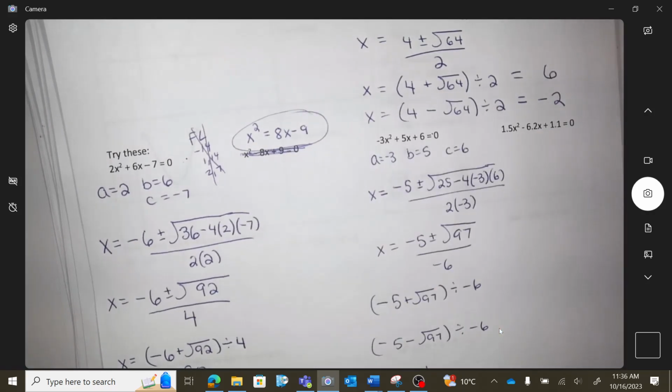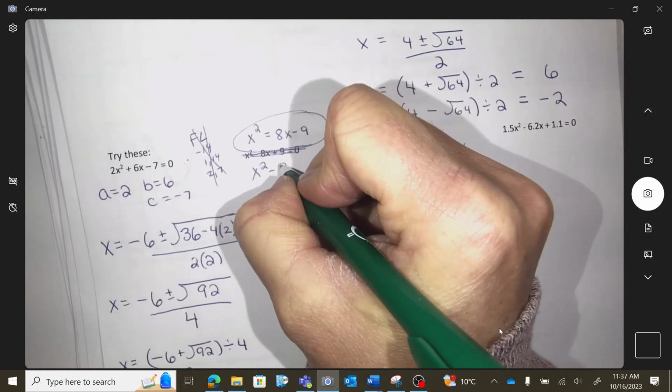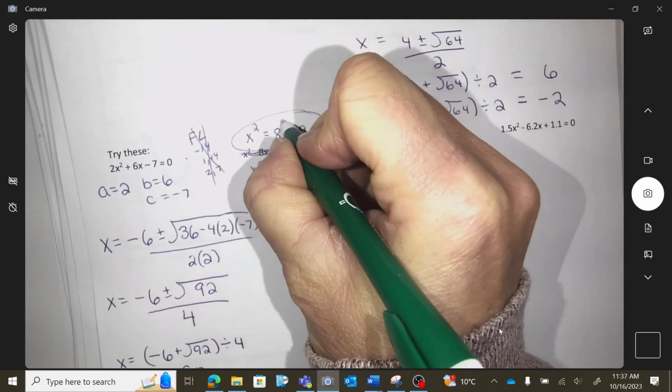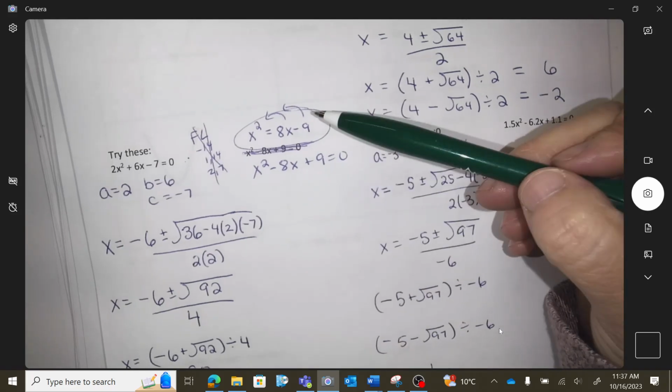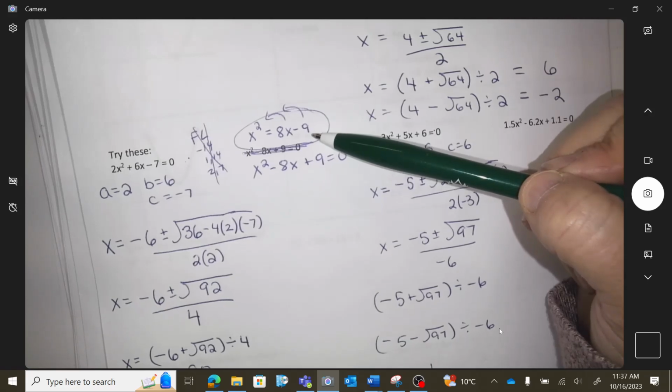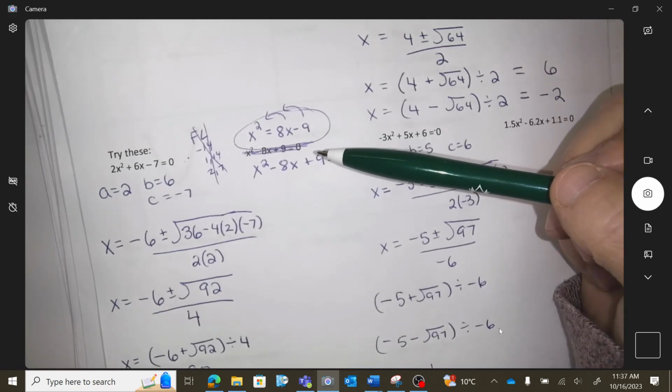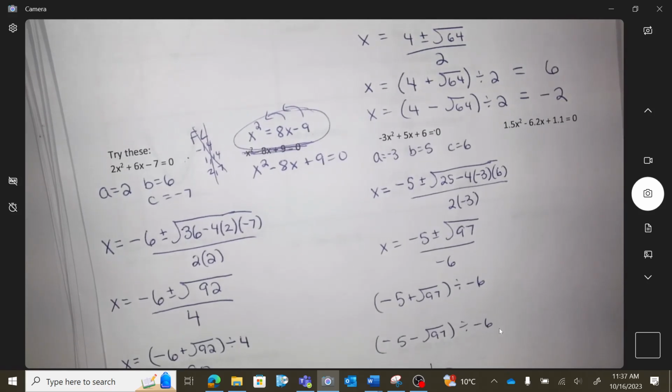If this is your question, you can't use the formula. Just like factoring, what do you have to do before you apply techniques? Get a 0. You have to get a 0 before you do this technique, okay? So on your test, if I give you something like that, please make sure you move it over, 0 out one of the sides, and then go ahead.